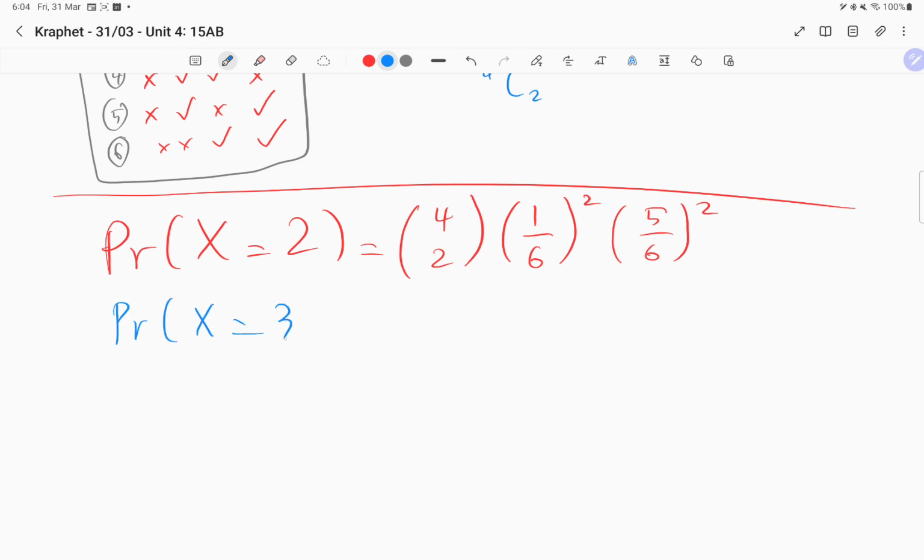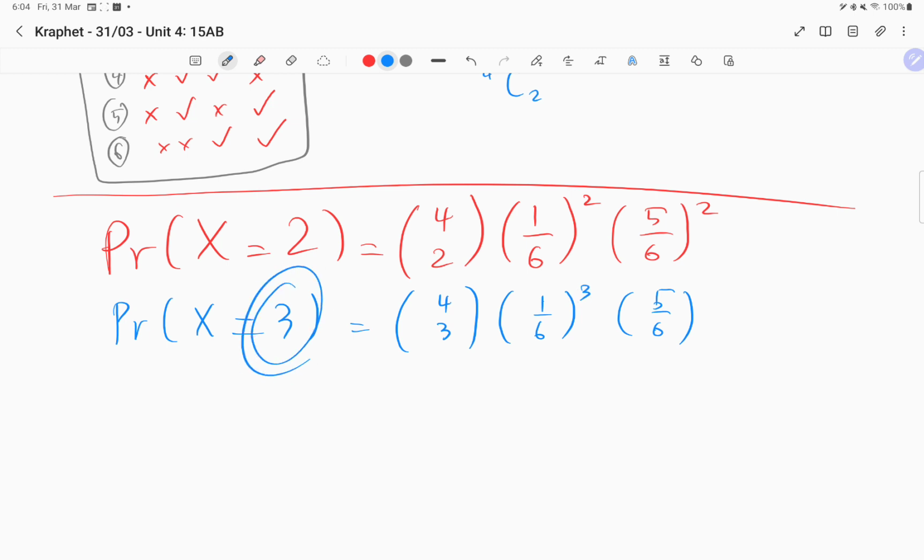Now let's see if we were to change this number a little bit. If you want 3 out of 4 to be successes, what would that change? This one would turn into 4 choose 3, right? And then the chance of success, you always have the 1/6, and there will be a scenario for failure. So 1/6 to the power of 3, because we're talking about 3 successes here.